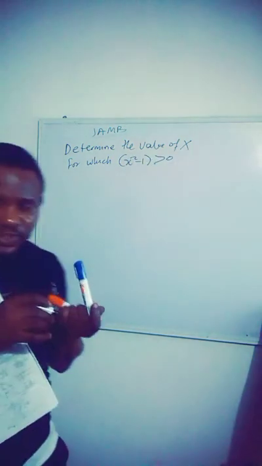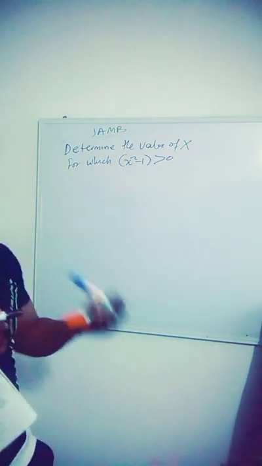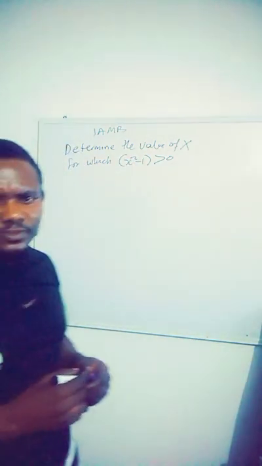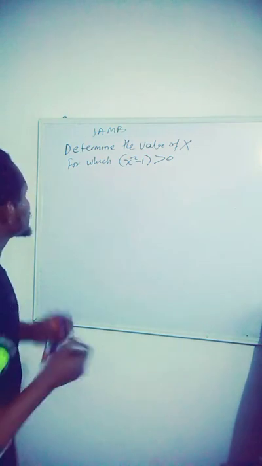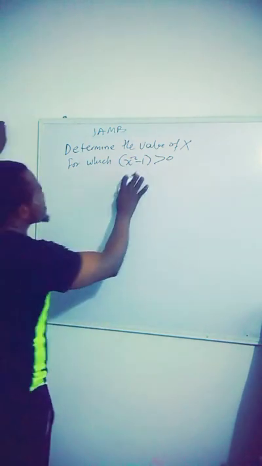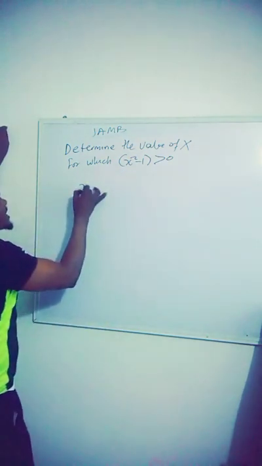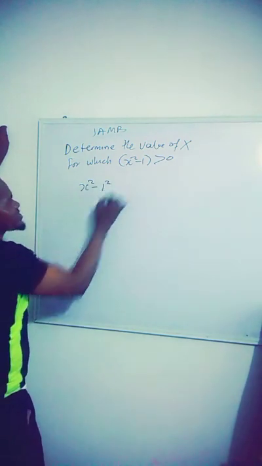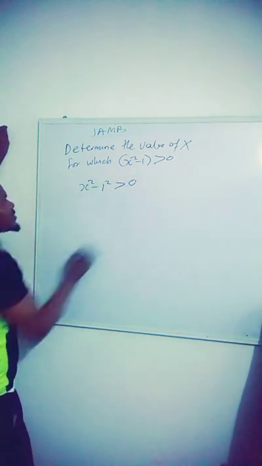How do you do this? When you have something like this, this is how you roll it out. You can rewrite this as difference of two squares, greater than 0.